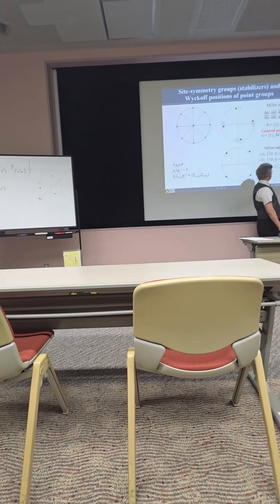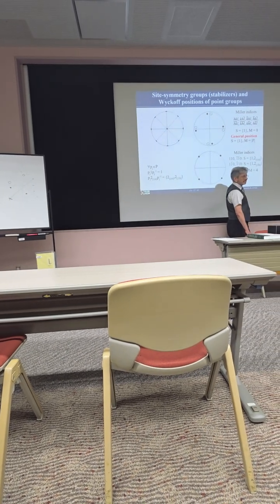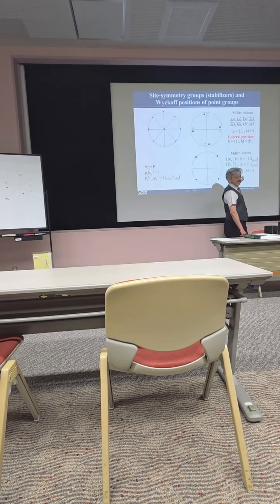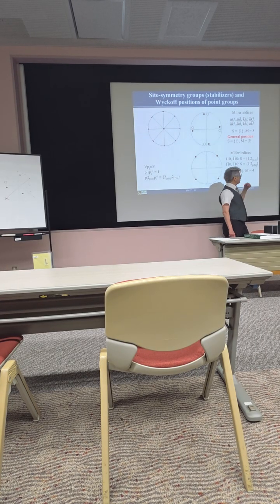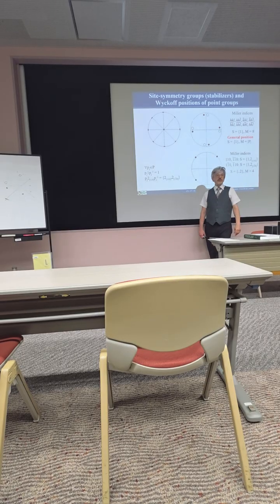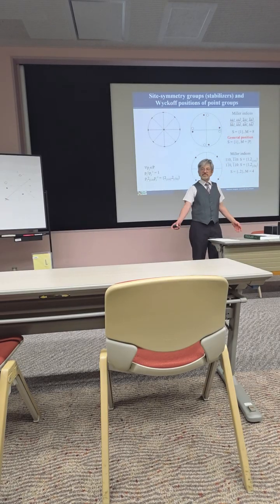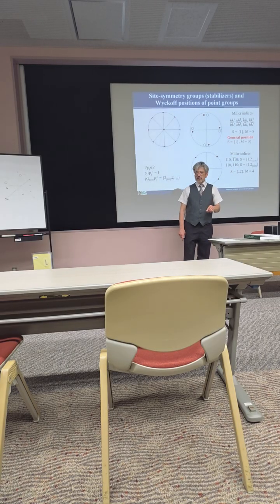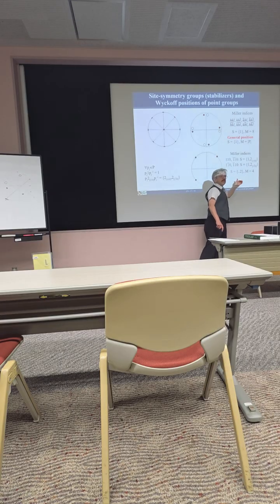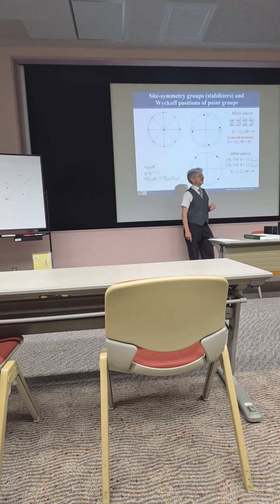The third symmetry direction is this or that. So this is a synthetic symbol. And the multiplicity is 4 poles. What is the order of the point group? 8 operations. 8 divided by 2 is 4. And indeed, the multiplicity of the Wyckoff position is 4. It's always in the same way, very easy.